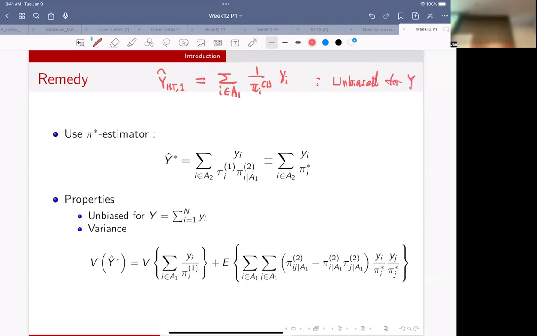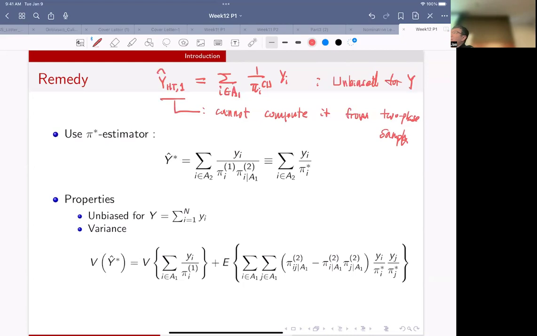The problem is that we cannot really compute this ideal Horvitz-Thompson estimator from the two-phase sample, because we don't observe yi in A1.